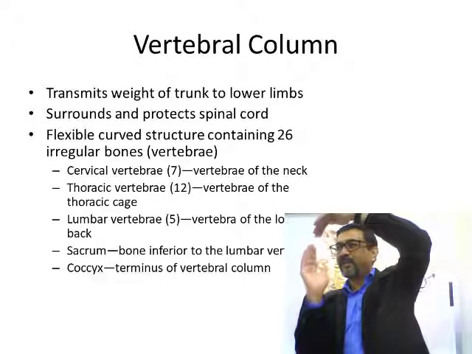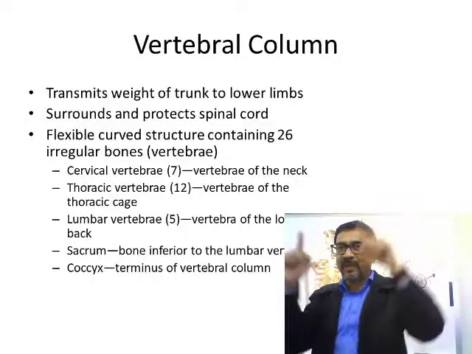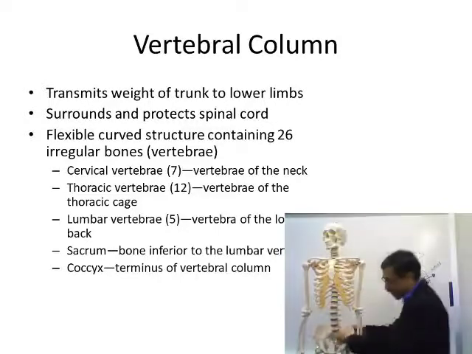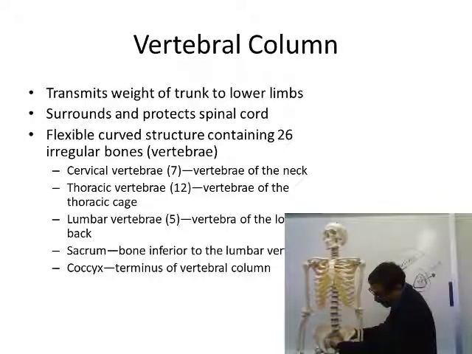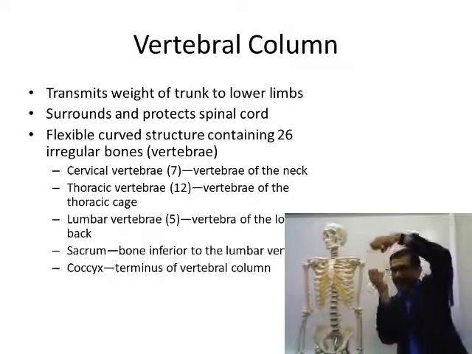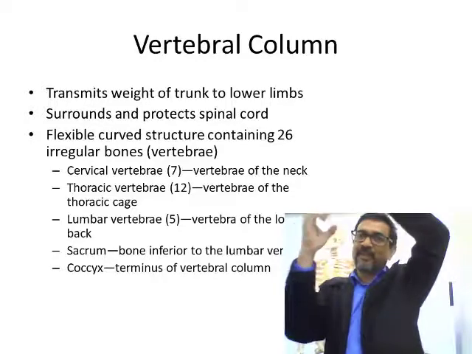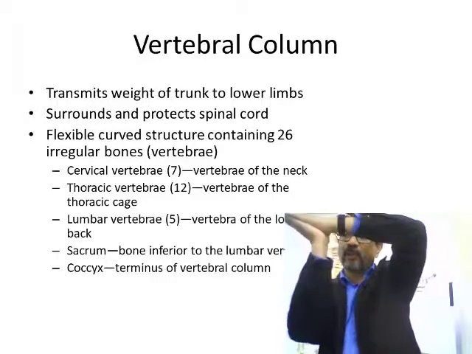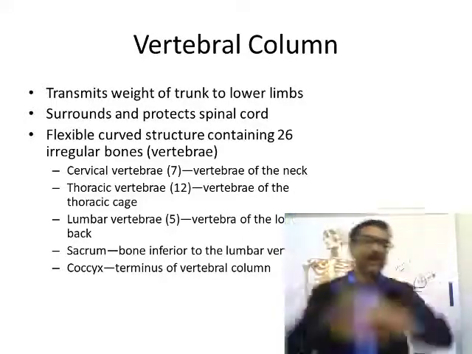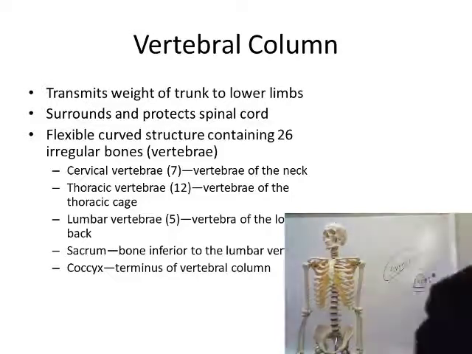Then gradually they fuse together to form the sacrum. So 5. That's why you see the transverse lines or ridges here, where they join together. So in early life, they are separated, 5 sacral vertebrae, they join together to form the large triangular bone, the sacrum, at around 4 or 5 years.